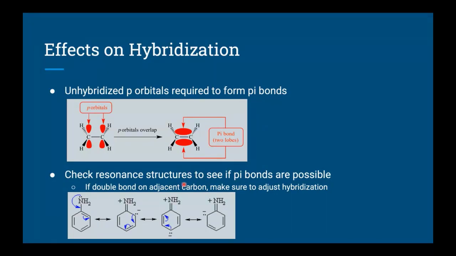So even though, say, this nitrogen is not originally involved in a double bond, we still have to give it sp2 character, sp2 hybridization, because it later goes on to form a double bond in some other resonance structures. We have to keep a p orbital open in order to allow that to happen. If it is not open, you can't unhybridize and just pop out that p orbital really quickly. It has to be out the entire time.